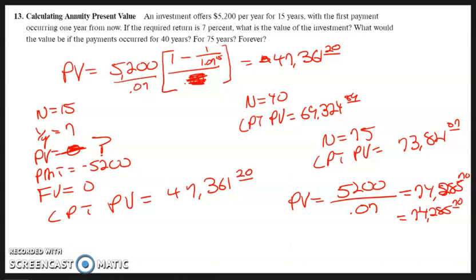Notice that going from 75 years to forever added only $500 and change, $564 or something of that nature. Again, the value of those payments beyond 75 years isn't terribly valuable.